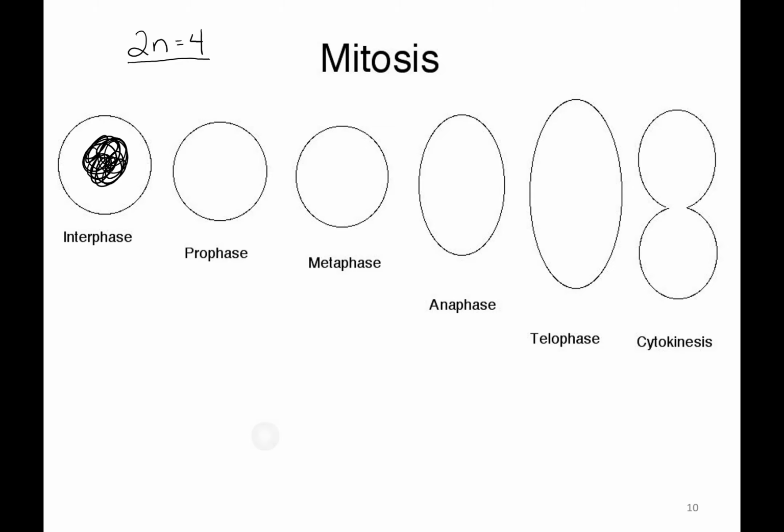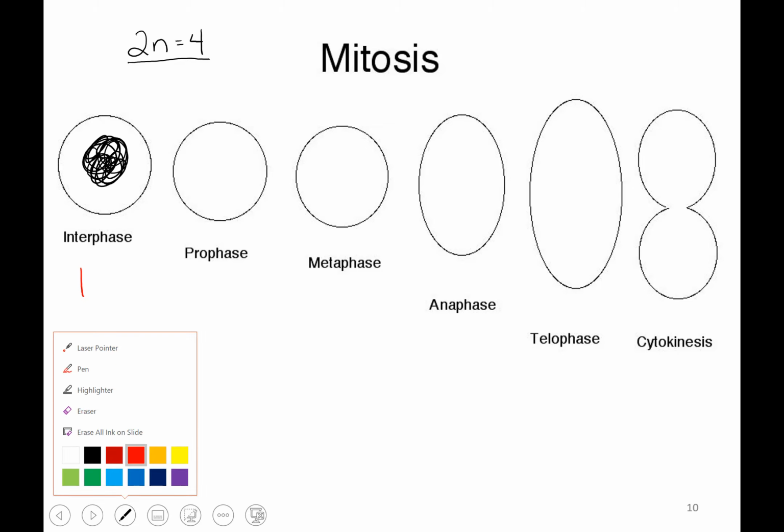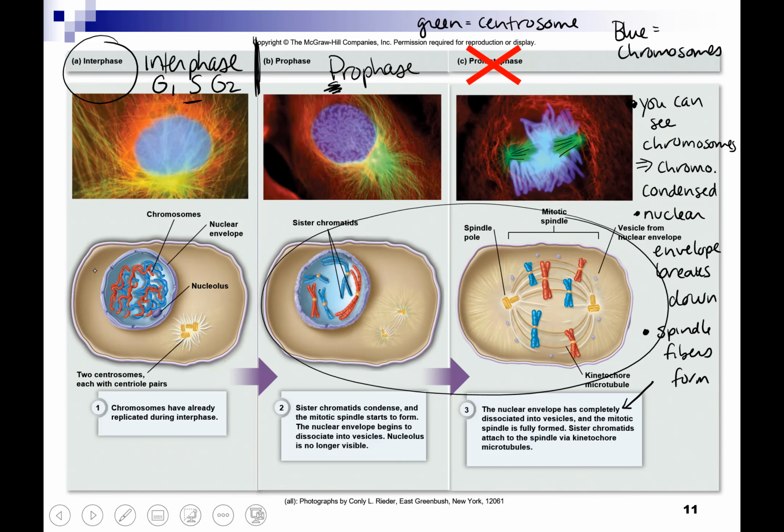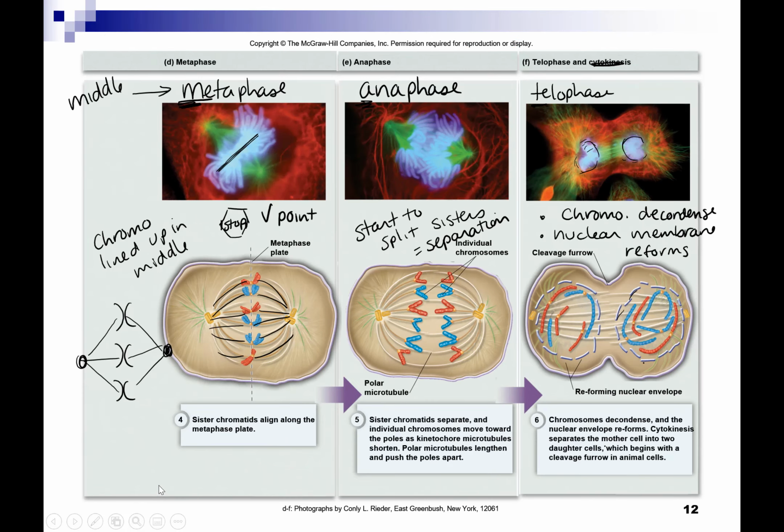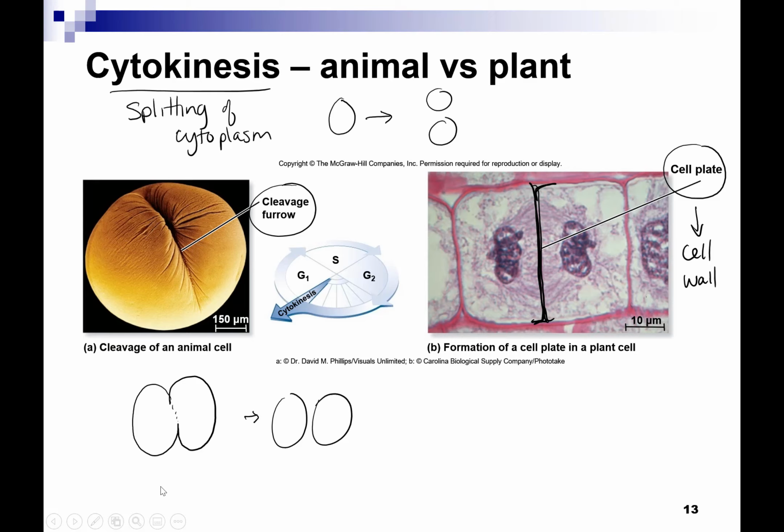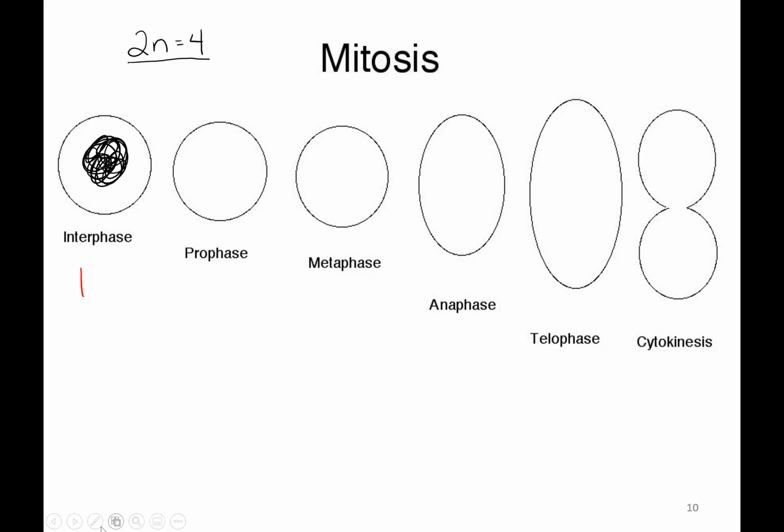I'm going to make a red, a blue, a green, and an orange chromosome. Okay, 2n equals 4, 4 chromosomes.